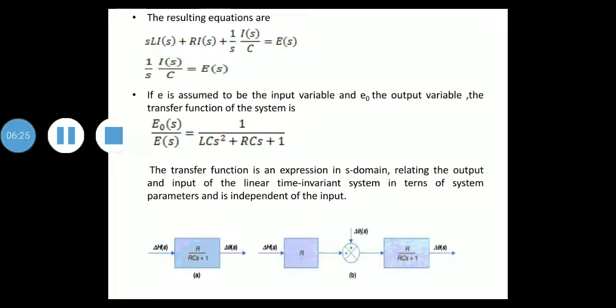So you have to substitute E0(s) as 1 by s, I(s) by C. Then you have to substitute E(s) as sL I(s) plus R I(s) plus 1 by s, I(s) by C. So E0(s) by E(s) is 1 by LC s square plus RC s plus 1. Is it clear?